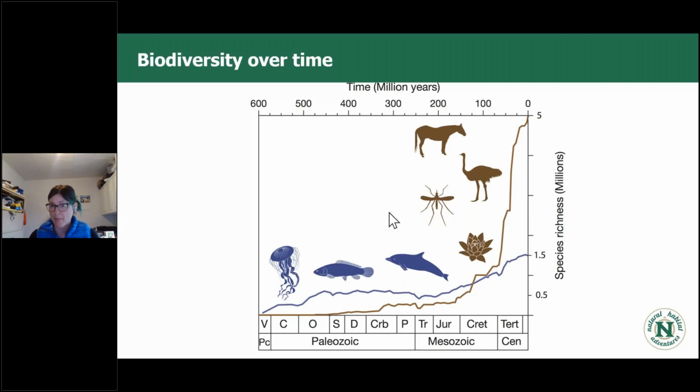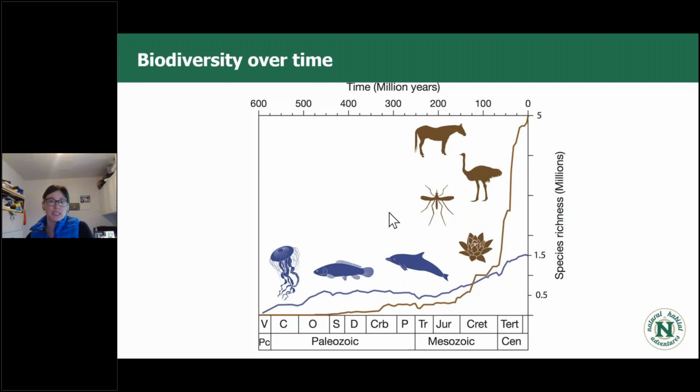In terms of why that might be, there's arguments that perhaps we're not capturing all of the species numbers from the past. That's certainly possible, but also just that as new habitats open up, whether it may be a new ecosystem, a new piece of land, a new piece of water, that allows species to then diversify into those new habitats and make new species.